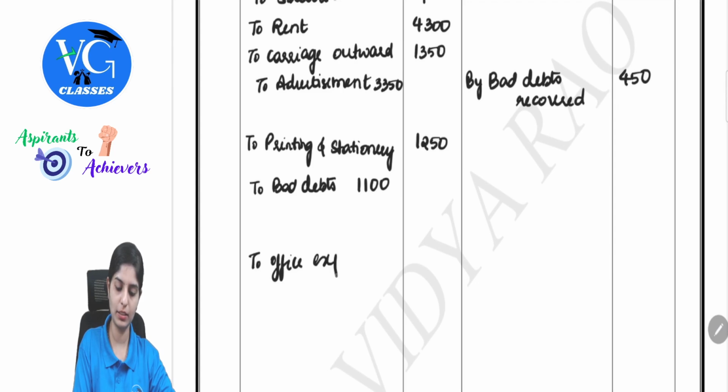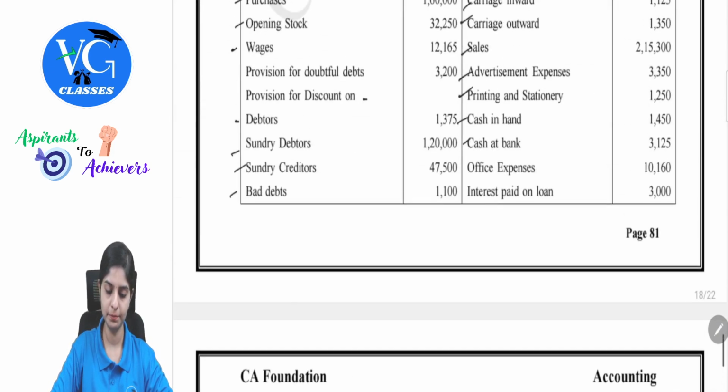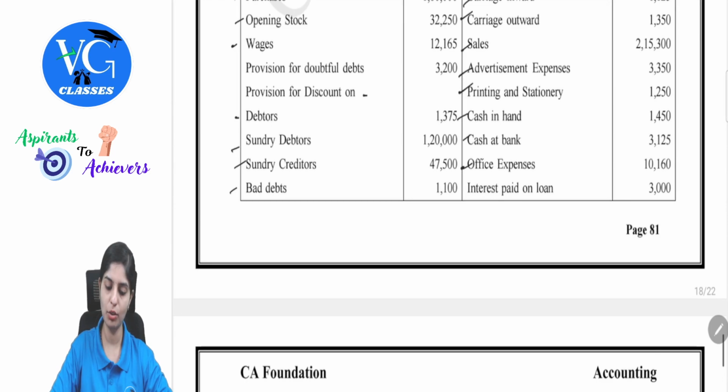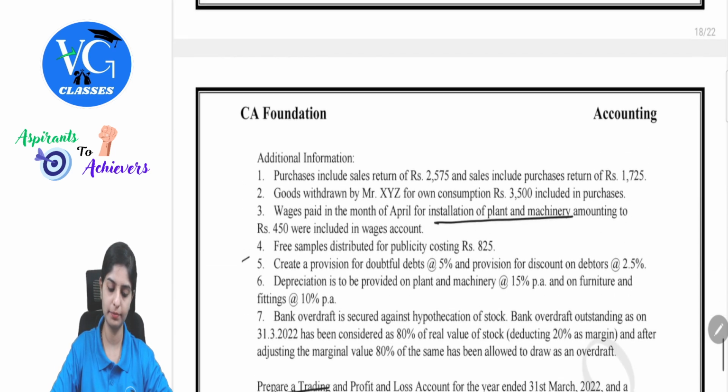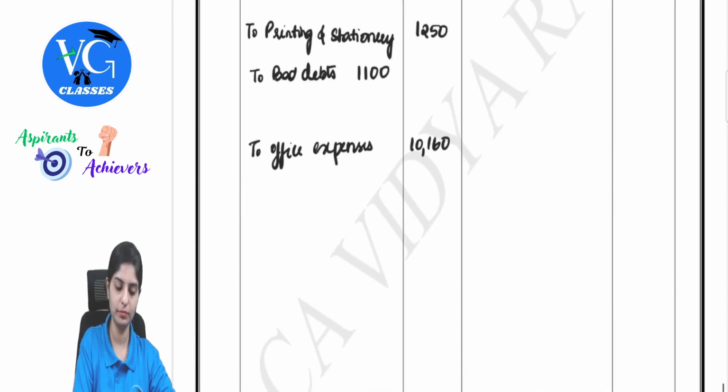To office expenses 10,160. Then interest paid on loan 3,000. To interest on loan 3,000.